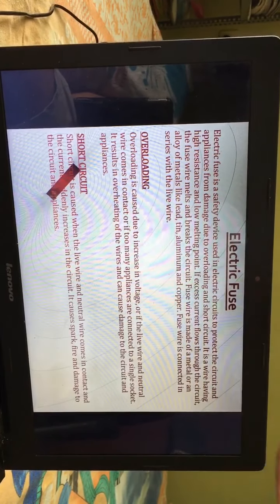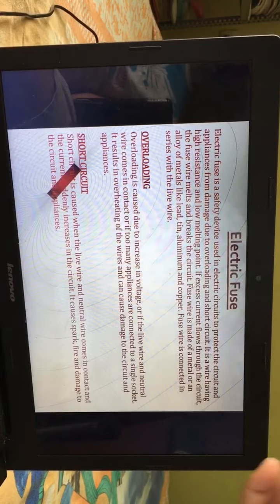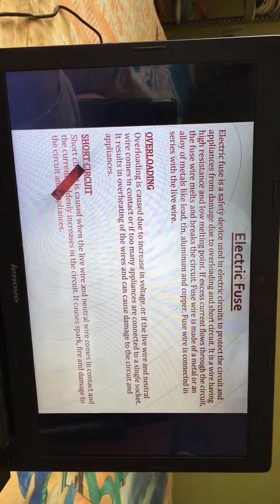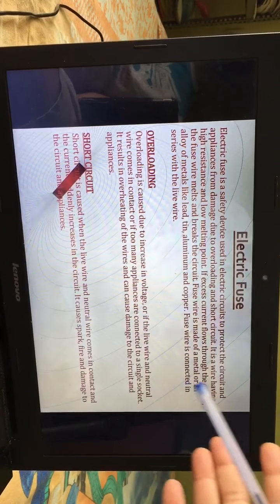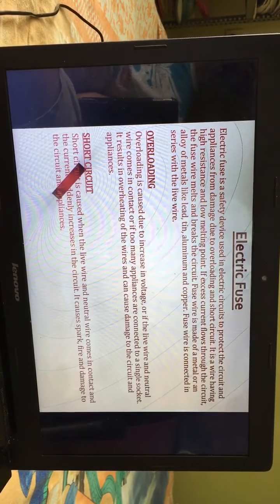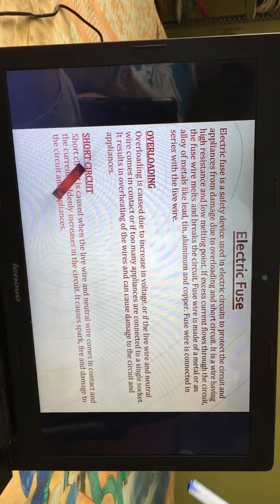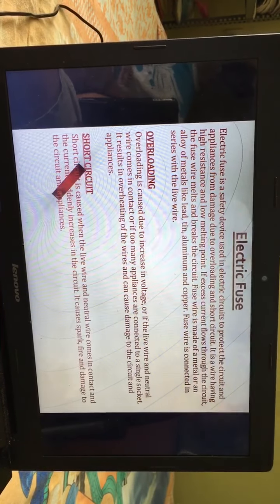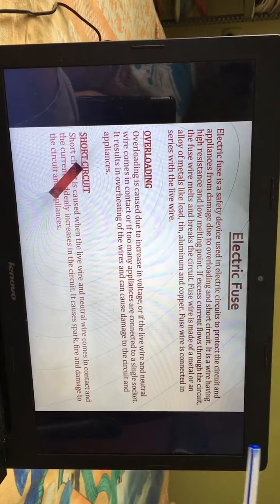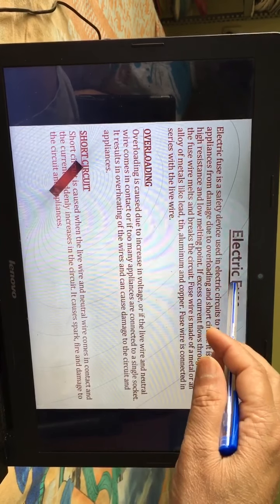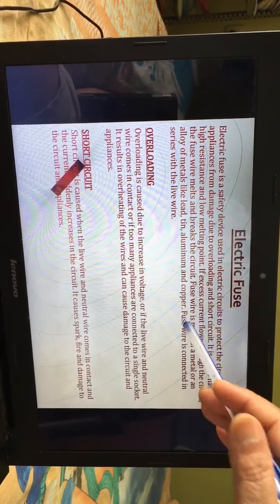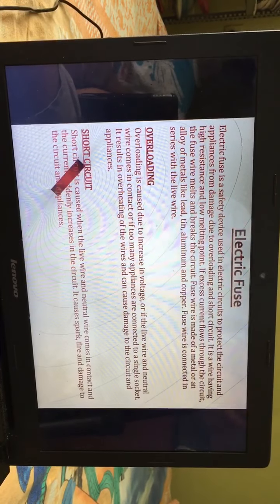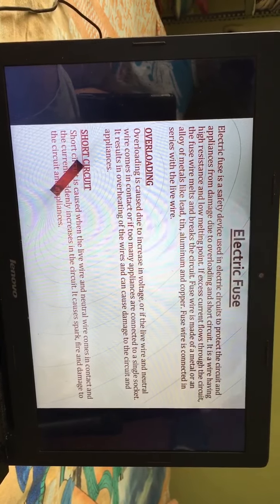Whenever any high current enters our building, this fuse melts and stops the current. So if excess current enters, the fuse melts and protects our electrical devices from getting damaged. That's why it is called an electric fuse, or a safety fuse, because it gives safety to our various electrical appliances.